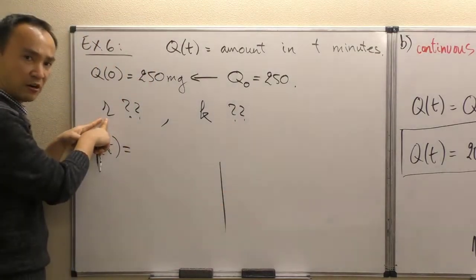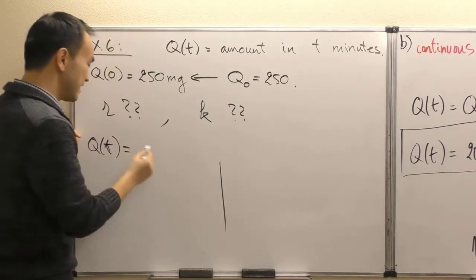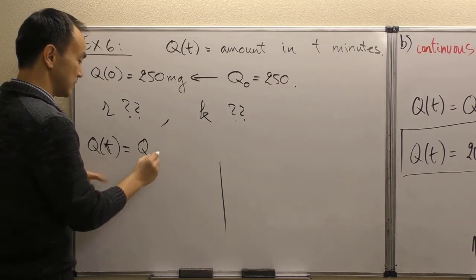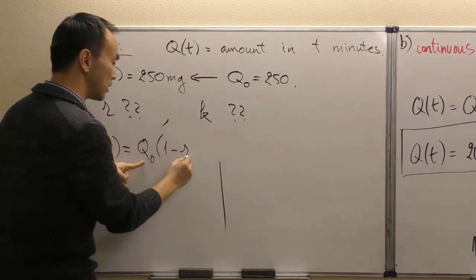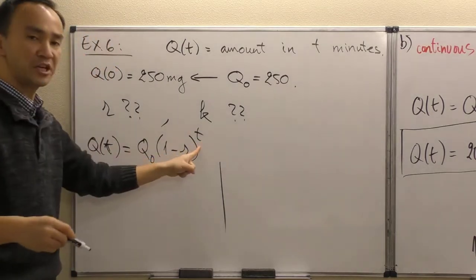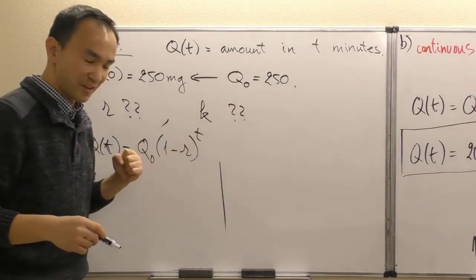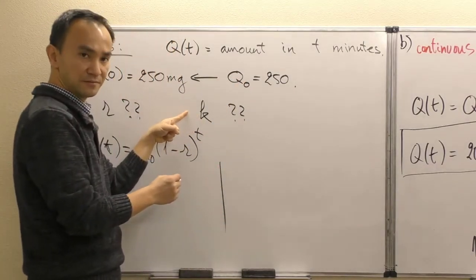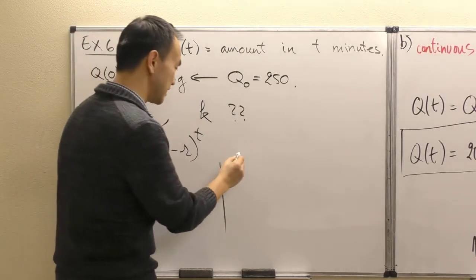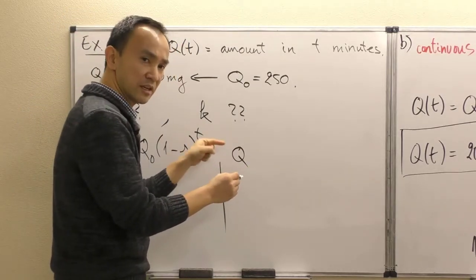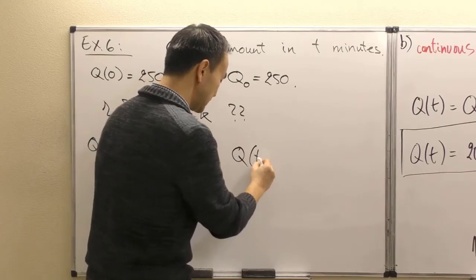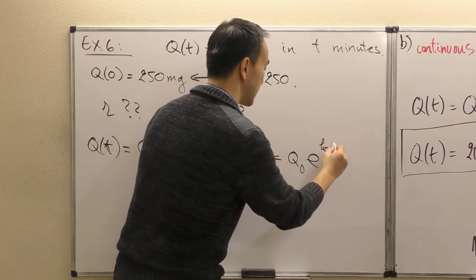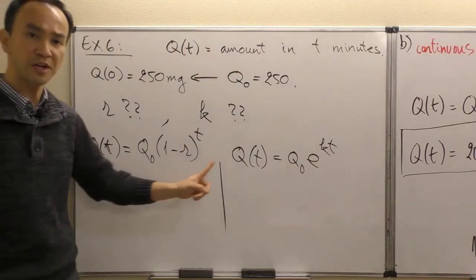If we stick with the R right here, and this is a decay rate, then we go with Q sub 0, the initial amount, times 1 minus R raised to the T, where T here is in minutes. Or we can make a choice to go with the relative or continuous rate, and we call this a continuous decay model: Q of T equals Q sub 0 times base e to the kT. We can make a choice here.